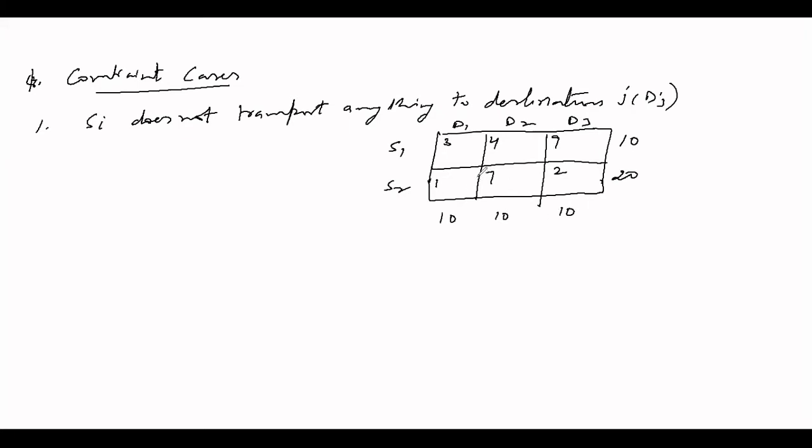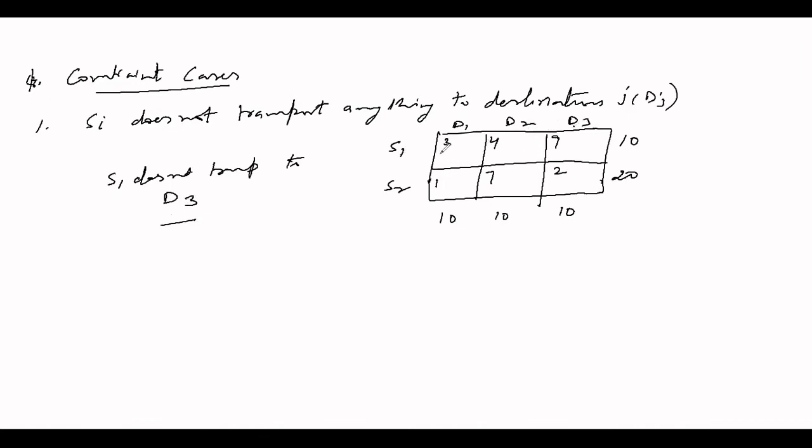Simply, I am talking about the balanced transportation problem. Now, suppose you are given the condition that source 1 supplies nothing, or does not transport anything to destination 3. So that means there should be no transportation from source 1 to destination 3.